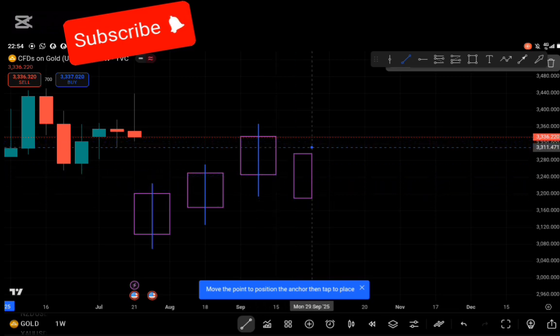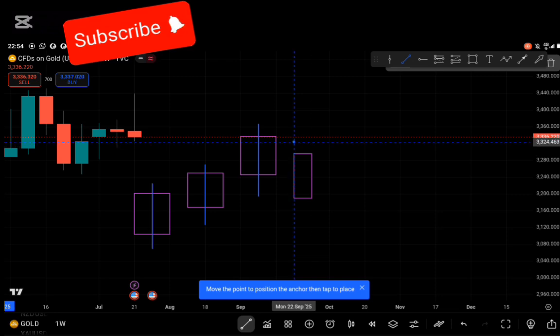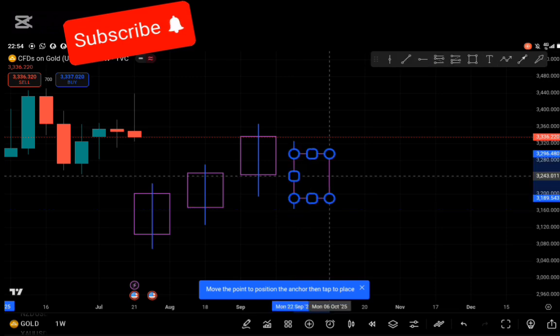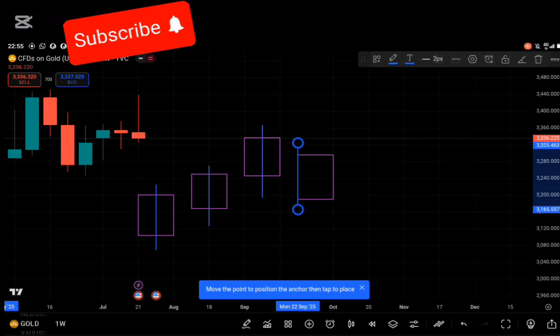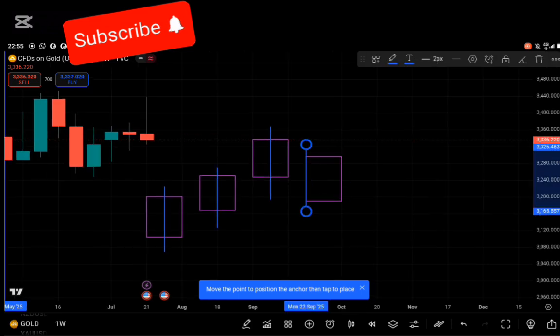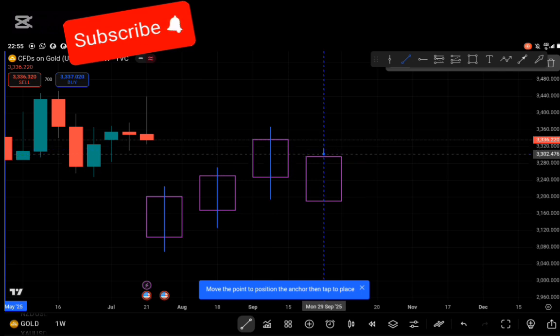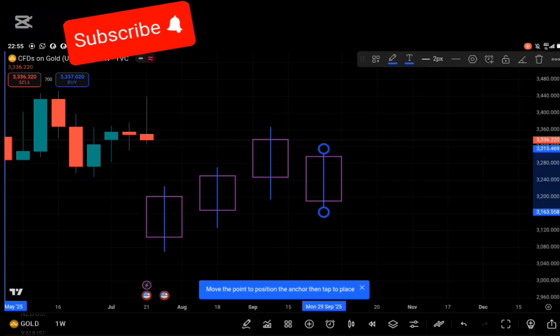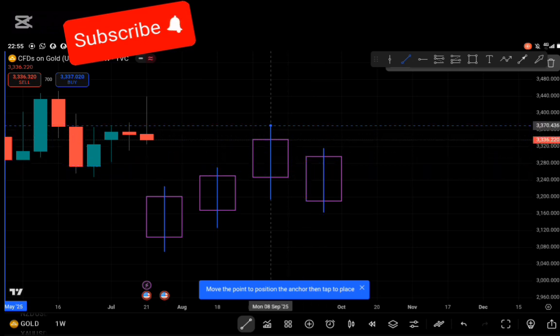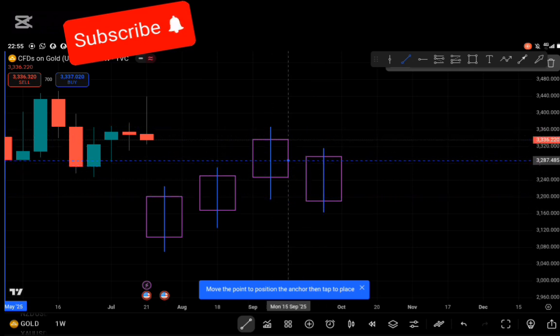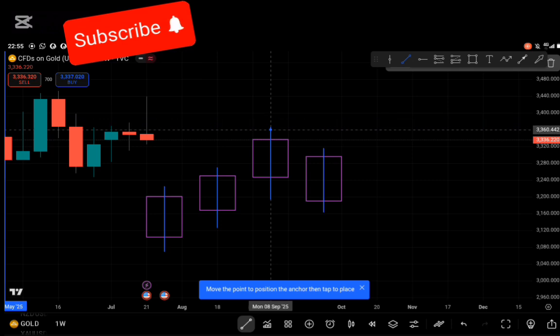This failure to break this particular candle now becomes, this last candle right here failed to take out this high, but it took out the low. Now this point right here becomes your Judas swing.